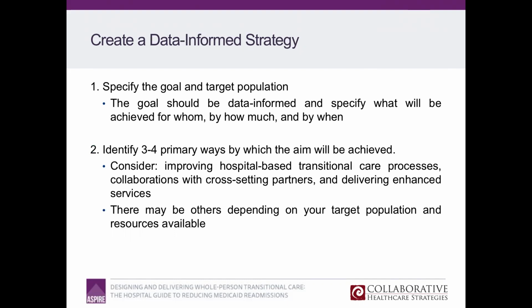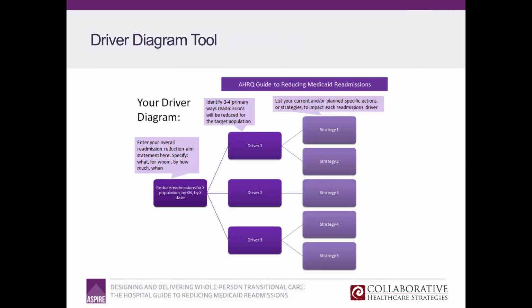Think to yourself, what are 2 or 3 or 4 unifying strategies or primary ways through which we are achieving our aim? So this is lumping what you're doing into categories to make sense of why are you doing certain things in terms of articulating your strategy.